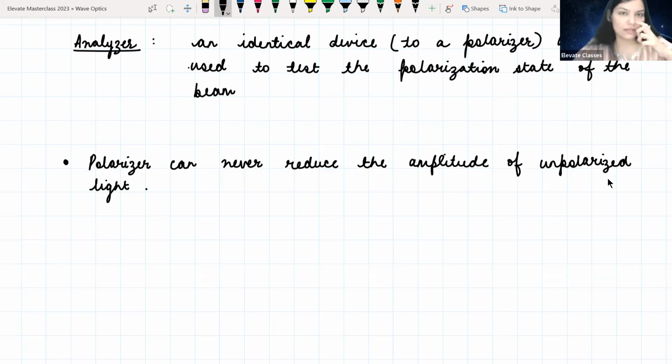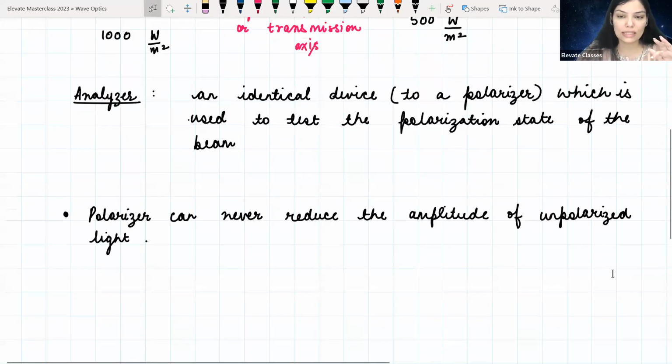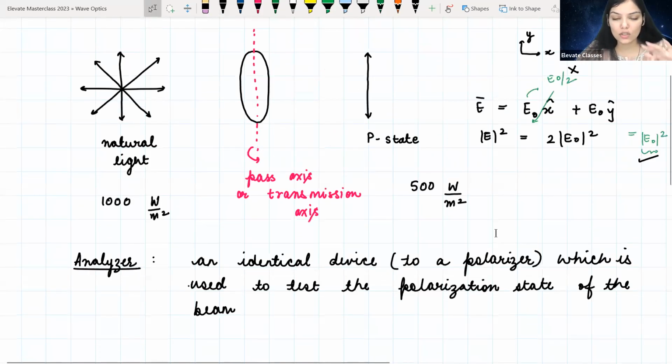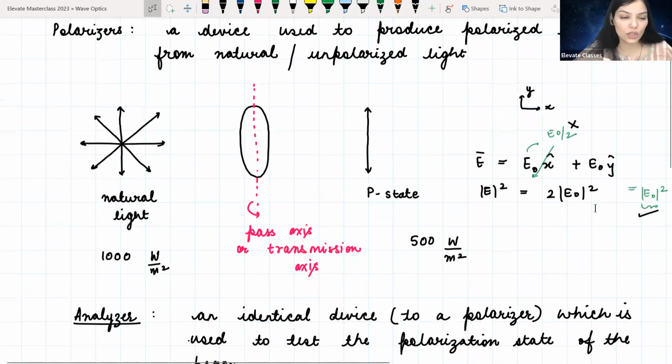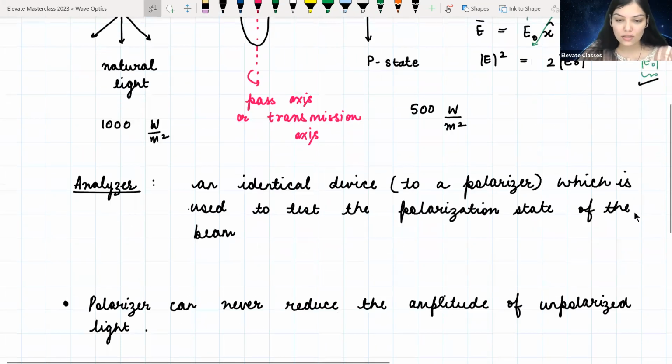Okay, so this is just one point for you to remember: this intensity jo half ho raha hai is not because E naught has become E naught by 2, but because one component has been absorbed. Now coming back to your question. When I was describing this natural light source in the last class, how was I explaining this? I will just revise that for you.